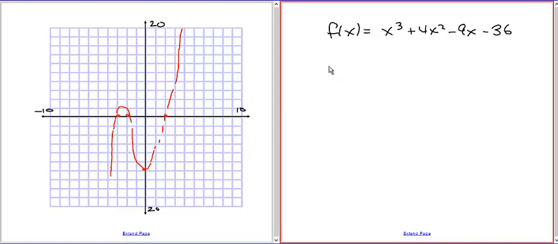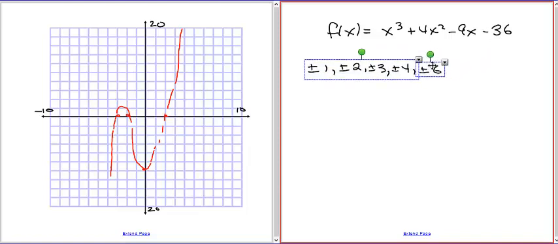So the possible rational zeros are the factors of 36, which are plus or minus 1, plus or minus 2, plus or minus 3, plus or minus 4, and then we've got plus or minus 6. So those are the lower half, and then we have the other corresponding numbers that are the other half of those.